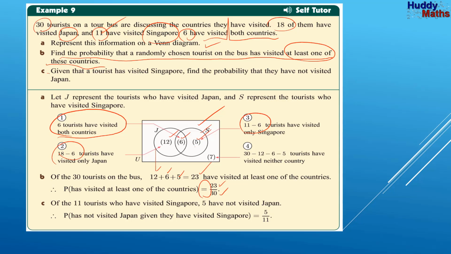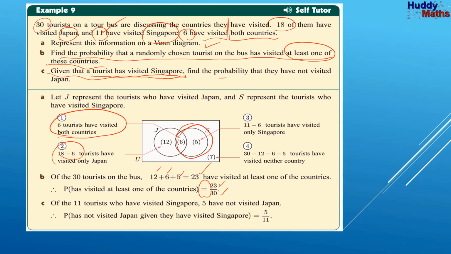Let's have a look at the last one. Given that a tourist has visited Singapore, this has given us a condition. So we've got some information here now. We know that the tourist has visited Singapore. So we're only going to look at that bunch because we have a condition. That is, it's only those that have visited Singapore.